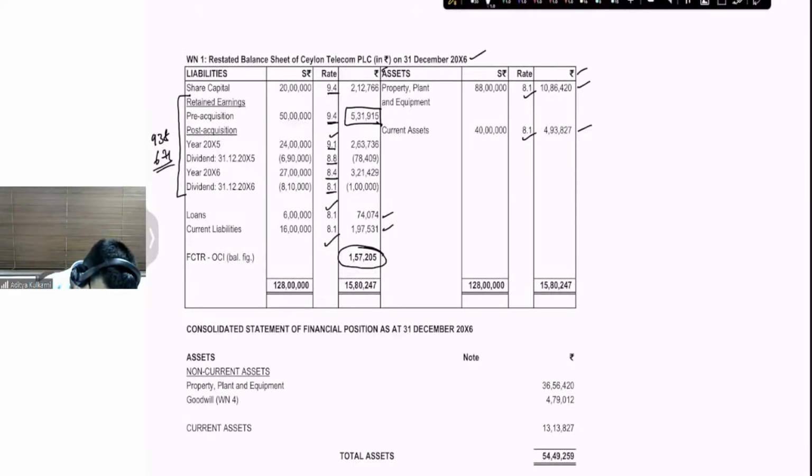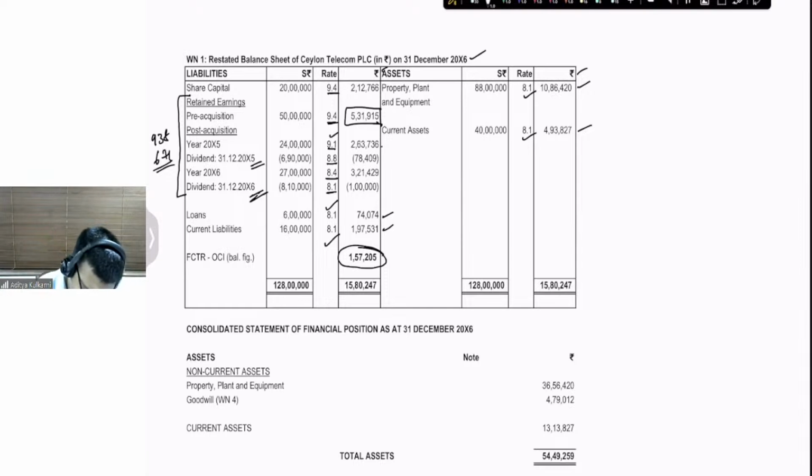Sir, dividend payment is happening. Yes, dividend payment is happening on 31st December X5, 31st December X6. Because the dividend payment is happening post-acquisition, do I have sufficient post-acquisition profits? Yes, I have sufficient post-acquisition profits. I earned profit of 2,63,000, dividend of 78,000. 3,21,000, dividend of 1 lakh. So in absence of information, I can assume that this dividend is out of post-acquisition profits, and therefore there is no need to pass the adjustment entry of taking it to cost of control account.